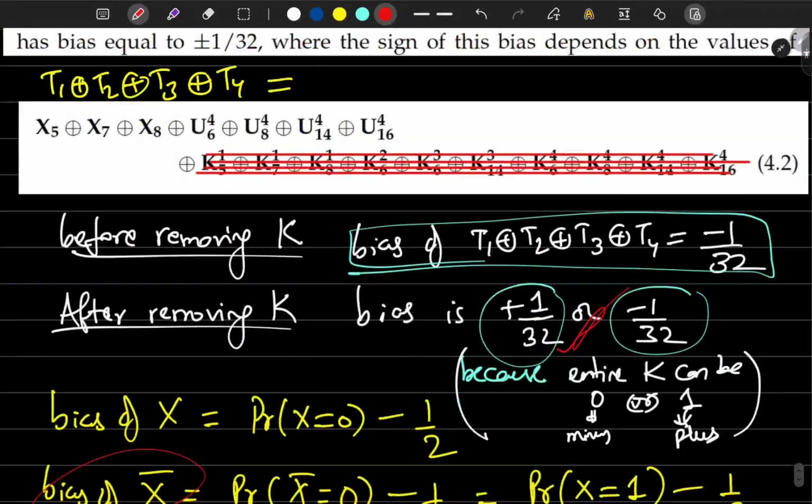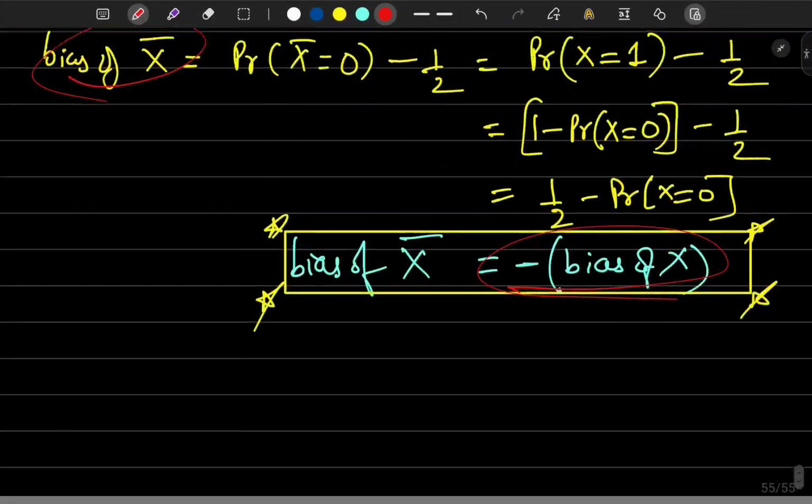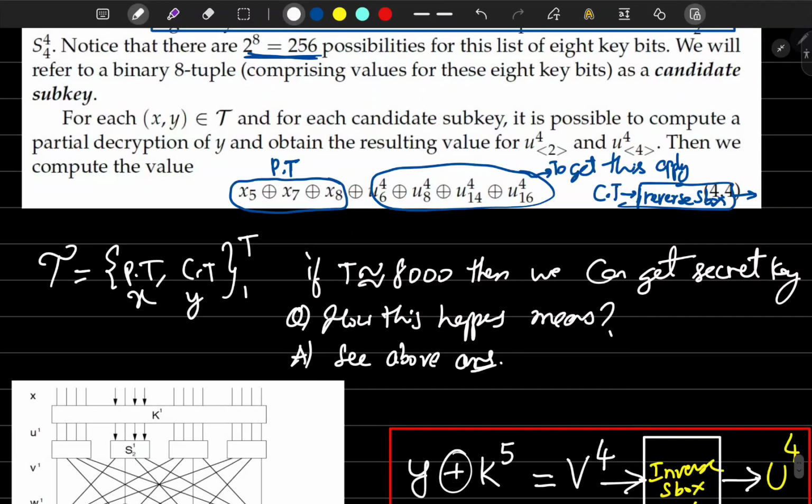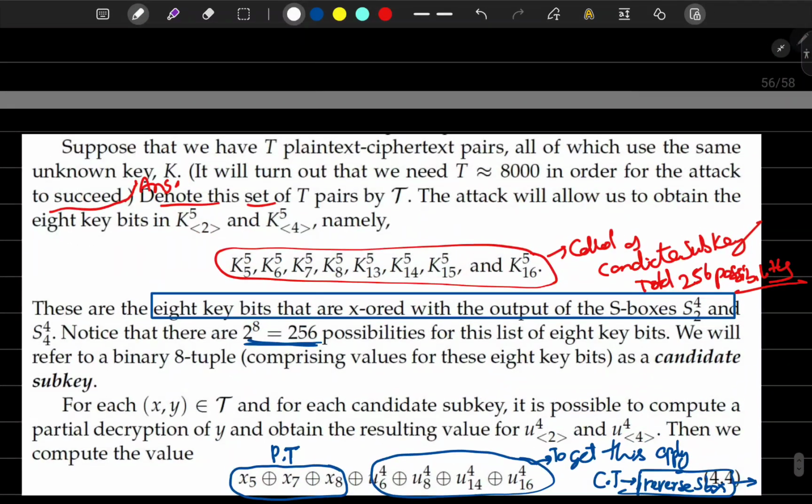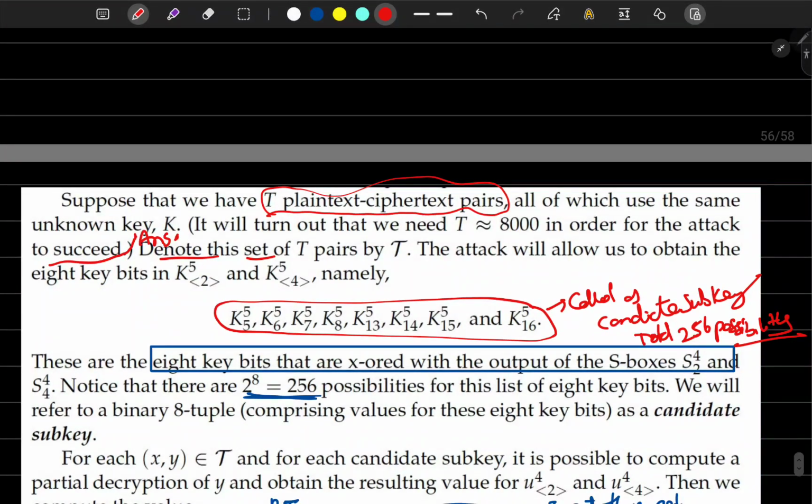Okay, chalo. So here understand. The next step is that, suppose we have t plaintext-ciphertext pairs. These are known things. We know the SPN network; the SPN algorithm is public.